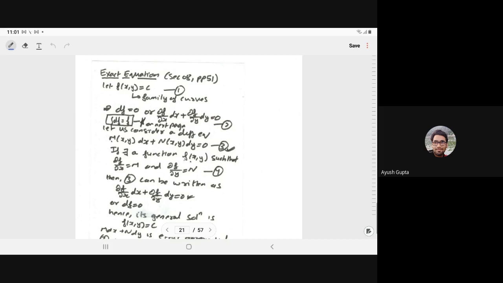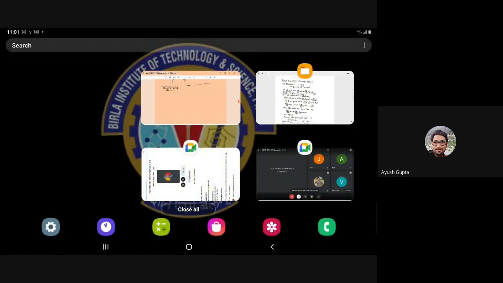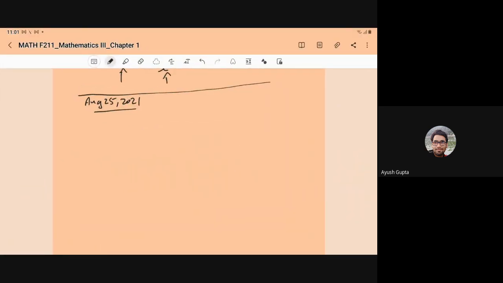So, in the last class, I just started the exact equation of first order, first degree. I was telling you, for example, if we have d of xy, we know that it is x dy plus y dx.